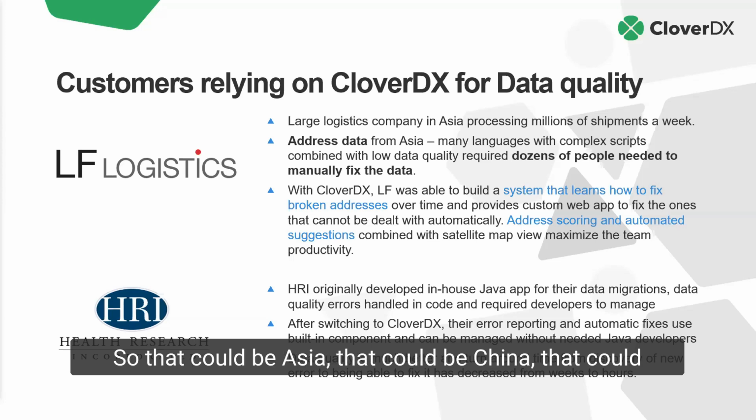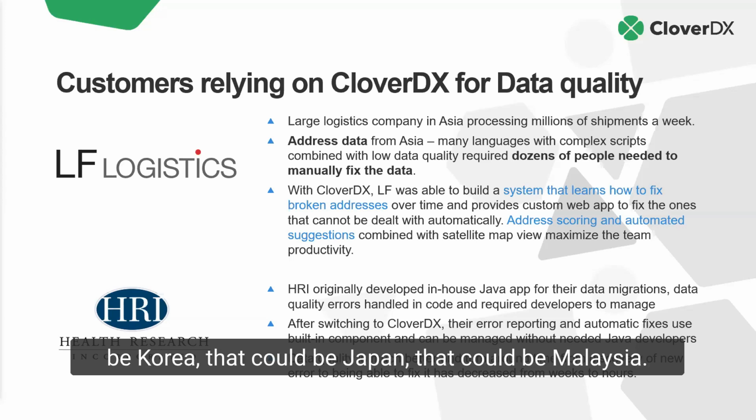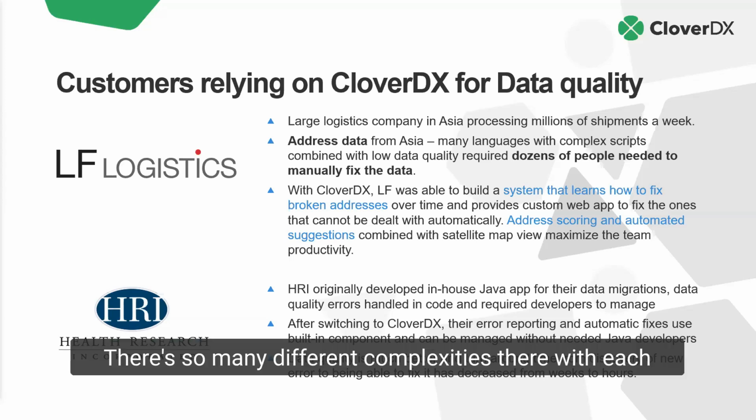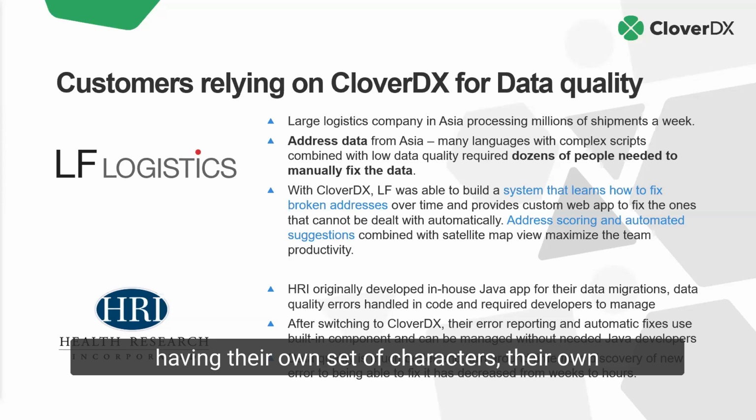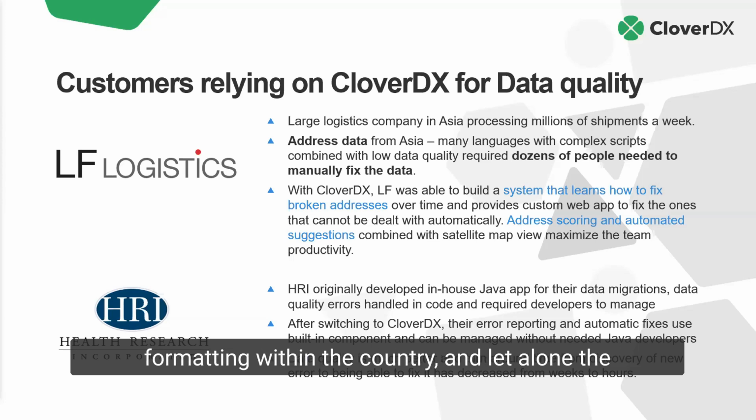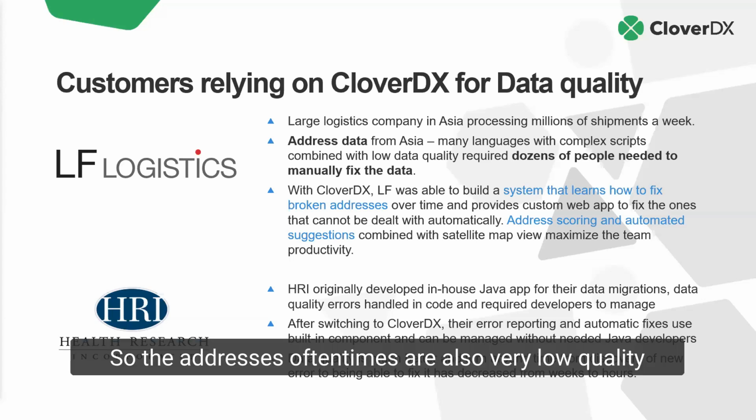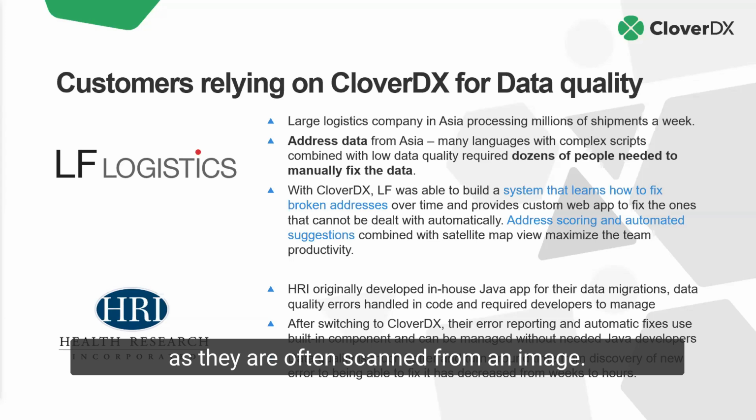That could be China, Korea, Japan, Malaysia. There are so many different complexities there, with each having their own set of characters, their own formatting within the country, let alone the differences between each country, right? So the addresses oftentimes are also very low quality as they are often scanned from an image.